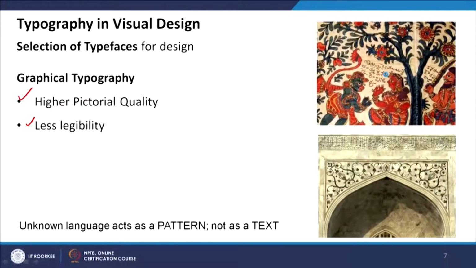Here we have two examples from a kalamkari print, which is from Andhra Pradesh, and which is a vegetable print. And here this is a Telugu script written within the painting, and this is a photograph of the front door of Taj Mahal, and this is an Urdu script written here on top of the palace's entrance, the Taj Mahal's entrance, the tomb's entrance.